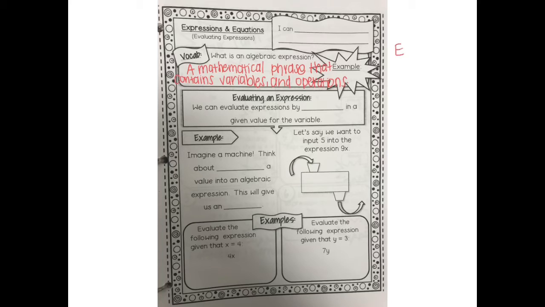A regular expression is just numbers and operations. So an example of an expression would be 3 plus 4 or 8 squared divided by 2. Anything that has just numbers and operations is going to be an expression.